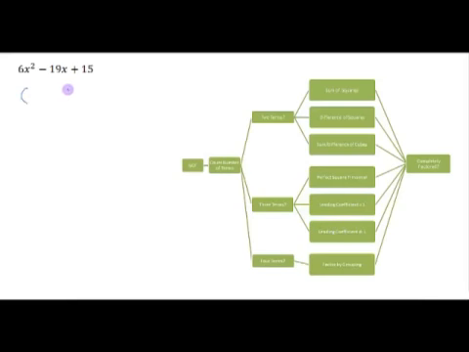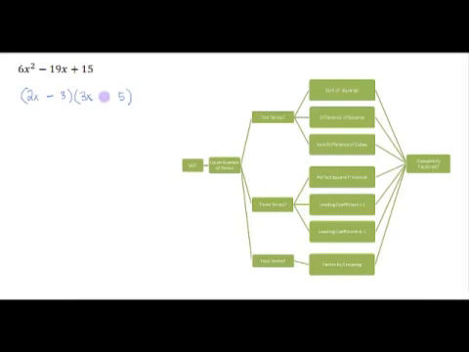Okay, so we're going to break up our 6x squared. Let's say that we try 2x and 3x first. With 15, we could break it up as 3 times 5. And I know with this plus, my signs are both going to be the same. And this tells us that it'll be negative.